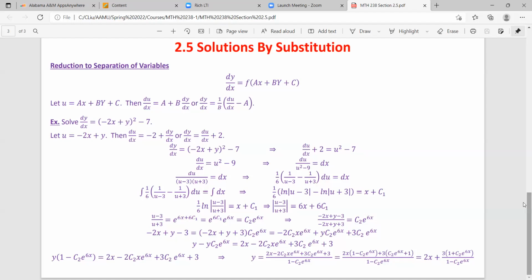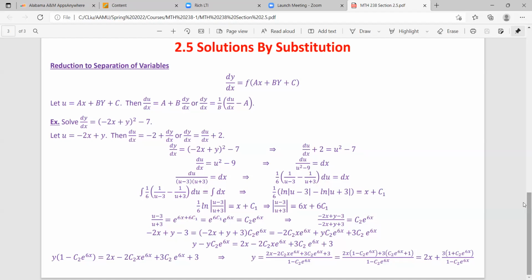And you can do more simple algebra: distribute C2 e to the 6x to each term on the right side, and then combine like terms. Move the terms with y to the left and the other terms to the right, so that we can solve for y.